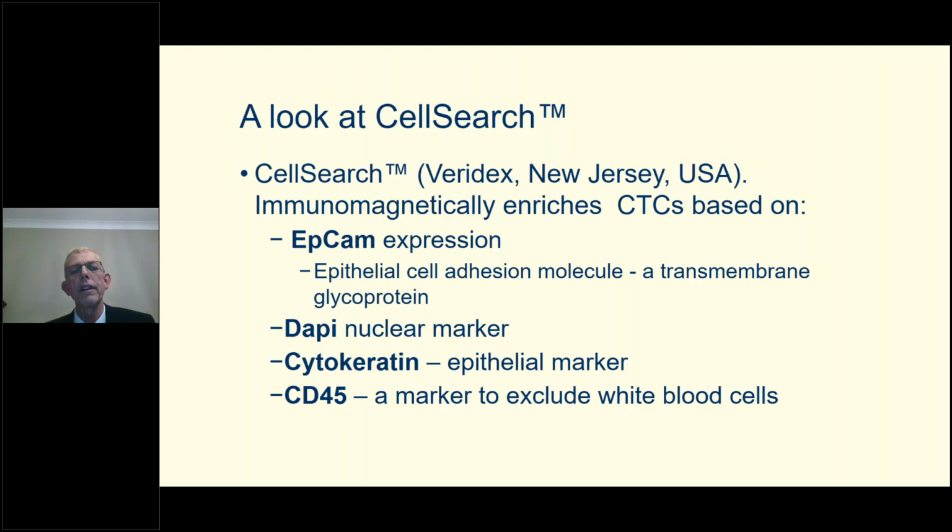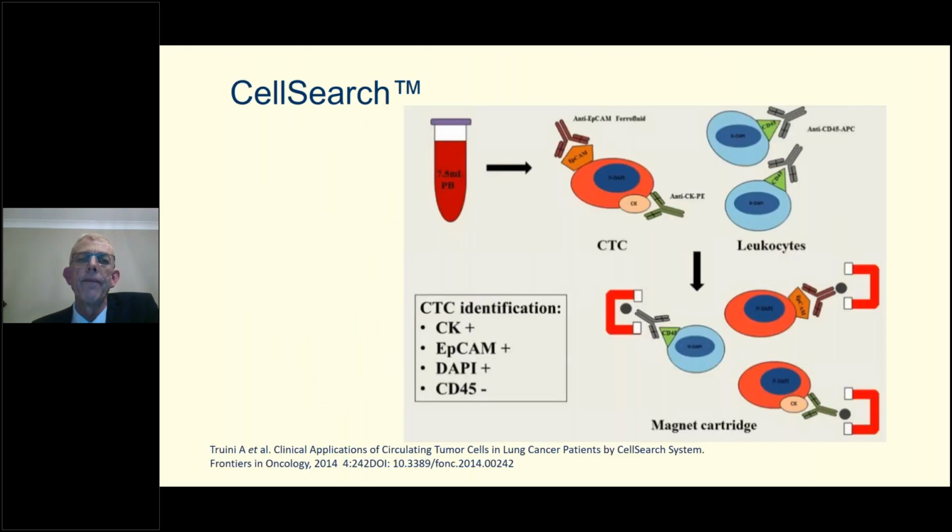And we can also give ourselves another level of exclusion using CD45 antibodies, a marker to exclude white blood cells from our analyses. So just to give you a quick talk through of the process that we might go through, we might start off with a blood sample, for example, shown in the tube here.